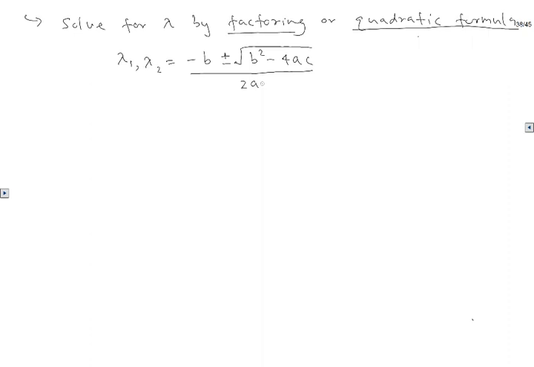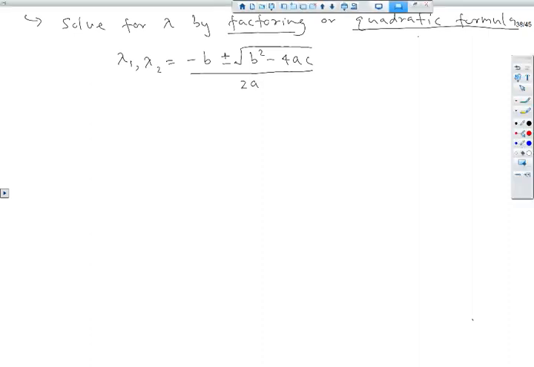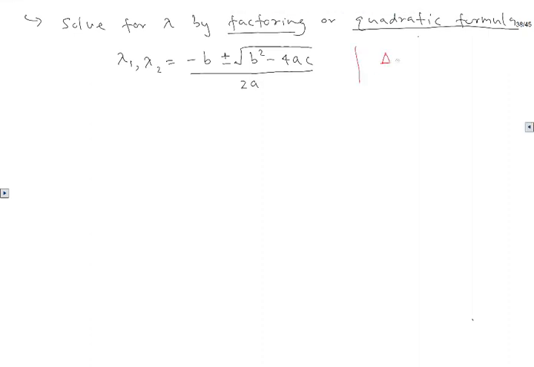So you know that, depending on the discriminant, which is what we call b squared minus 4ac, depending on the sign of that, three things can happen. If the discriminant is positive, then you have two real distinct roots.